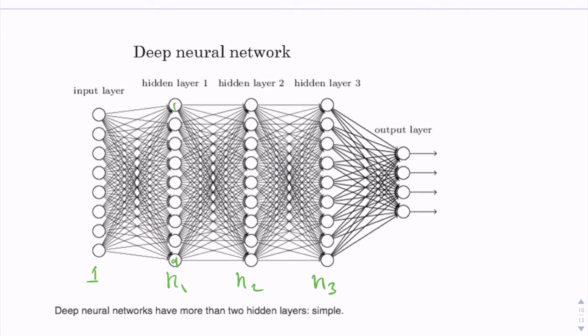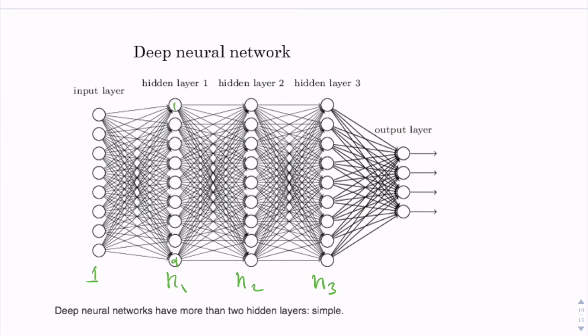When the number of hidden layers increases, we call this deep learning. Deep learning is nothing but a dense, multiple-layer neural network, because we have a deep representation or deep encoding of a vector.